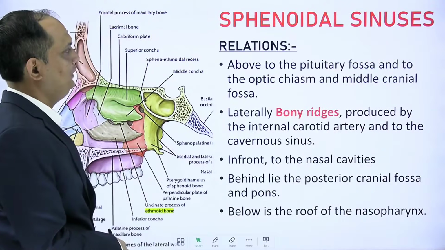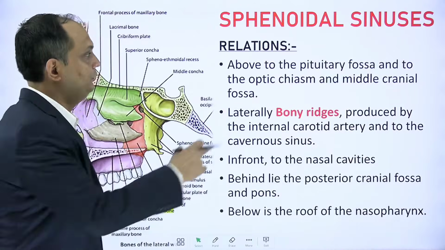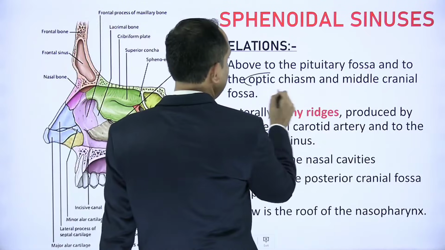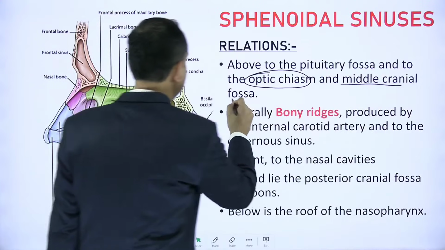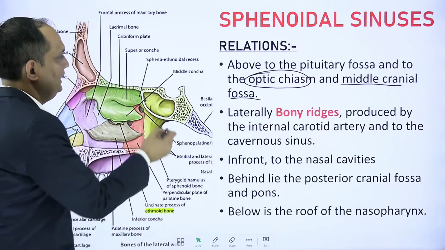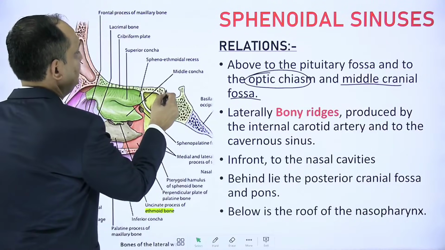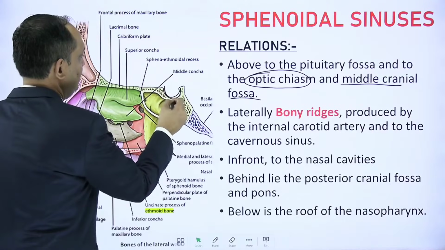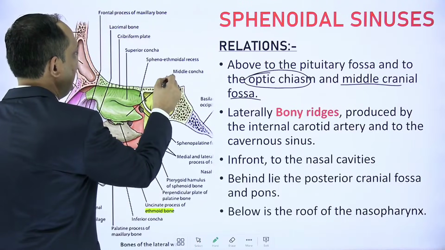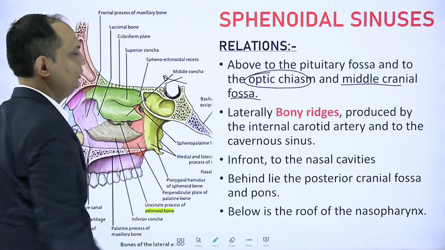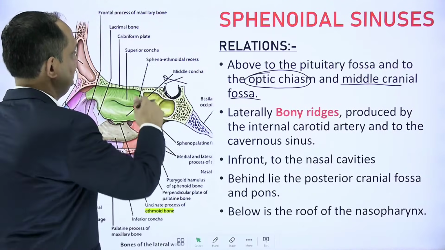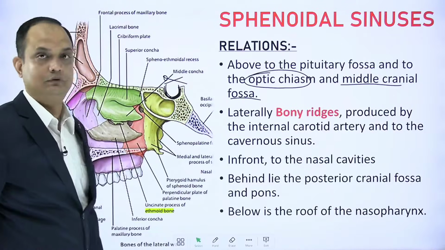Above, you have the pituitary fossa, and there is a relation with the optic chiasma and the middle cranial fossa. So it is clearly understood that this is your pituitary fossa. Above the pituitary fossa you have the optic chiasma, the crossing of the optic nerves, and this is the area of the middle cranial fossa.